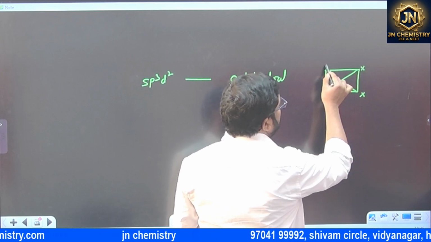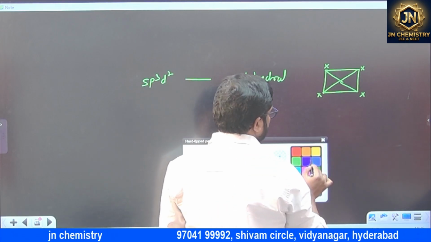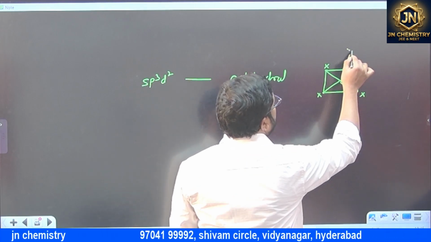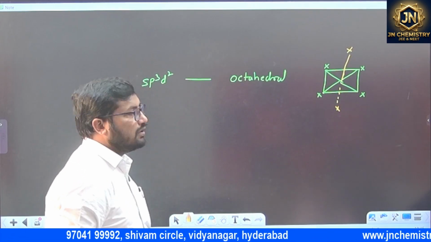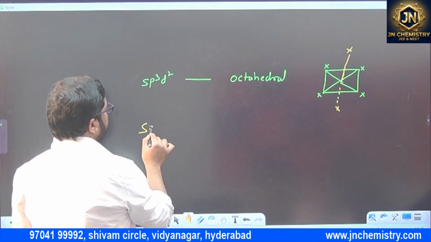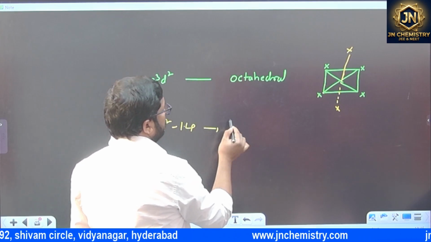So one is above and one is below. One is above and one is below. This is octahedral shape.